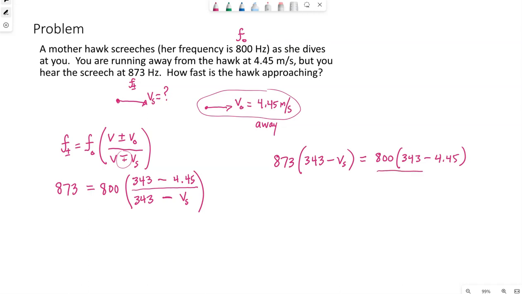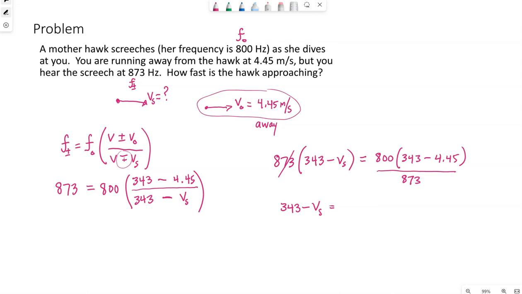Maybe I'll go ahead and divide by 873 while I'm at it, just to decrease how many numbers I have to multiply. So on the left, I will have 343 minus the speed of the source. On the right, I can figure out what that number is.